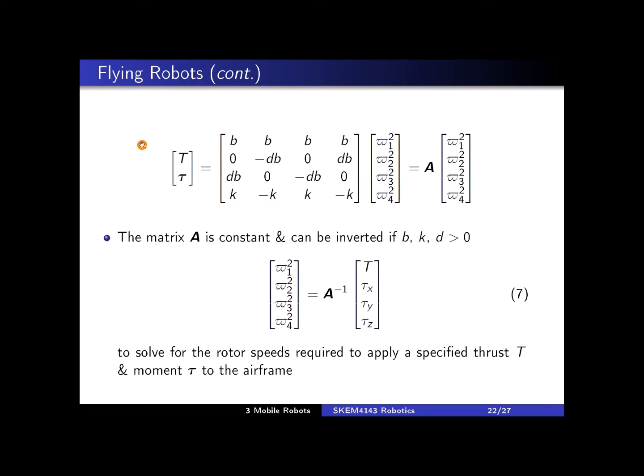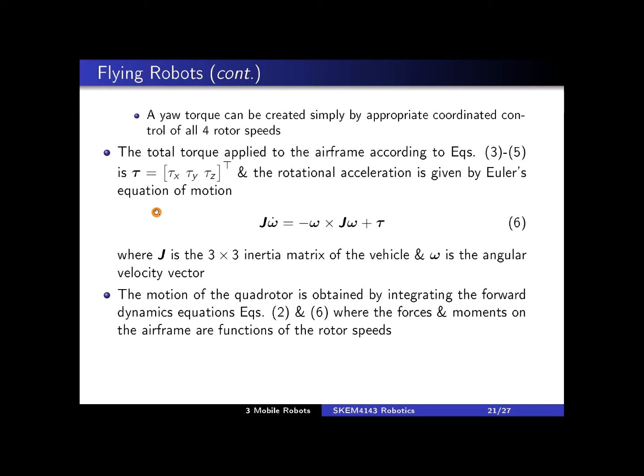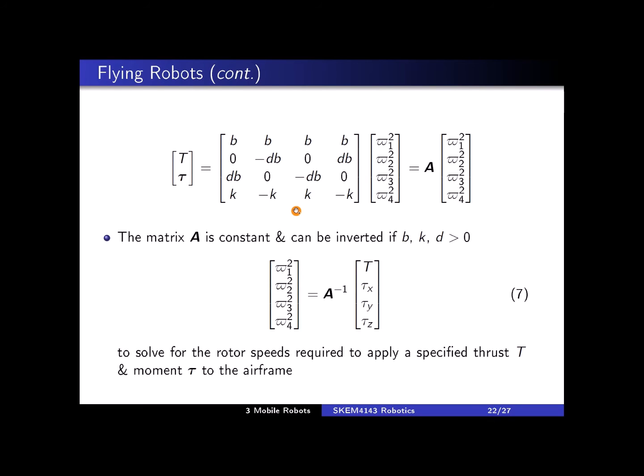So next, if you try to put the equations presented earlier in a matrix form, you will get this. As an exercise, can you please try to figure out how to derive this equation?